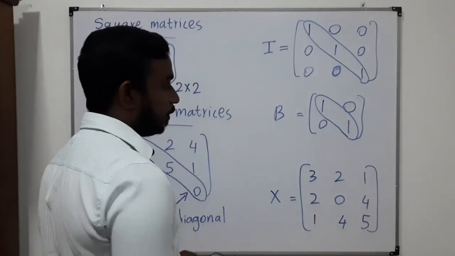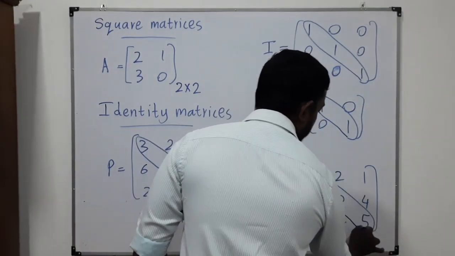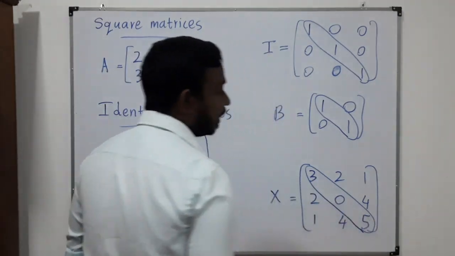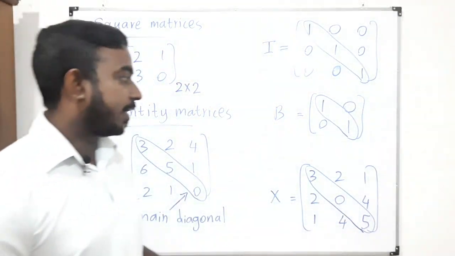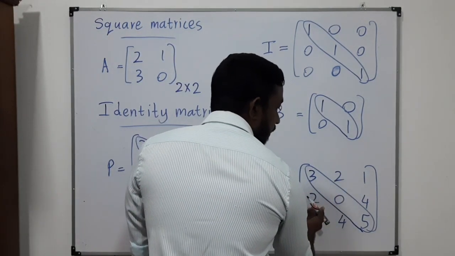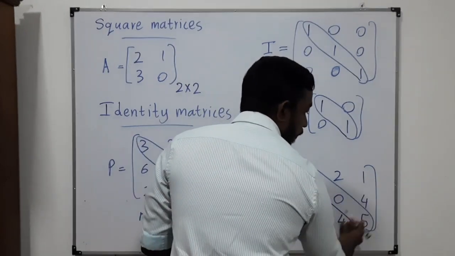Now, if I draw the main diagonal of this matrix, can you see this main diagonal acts as a mirror? So here 2 is in here, and now the 2 is in here. It reflects 1 to 1, 4 to 4.